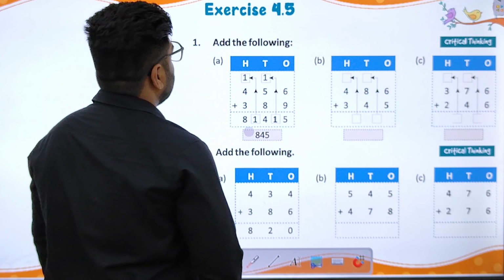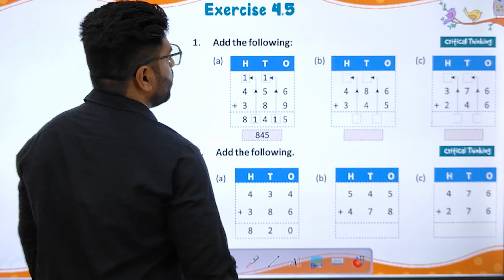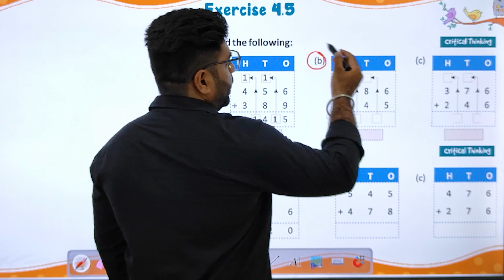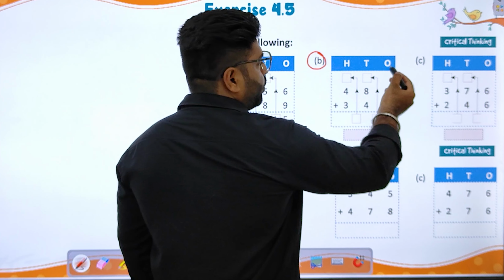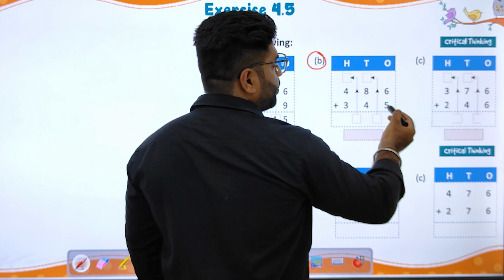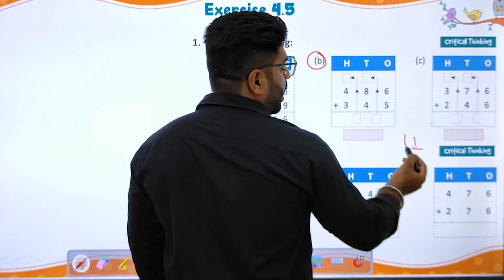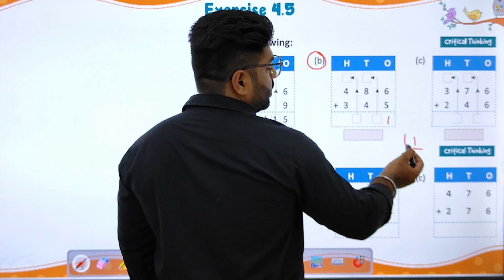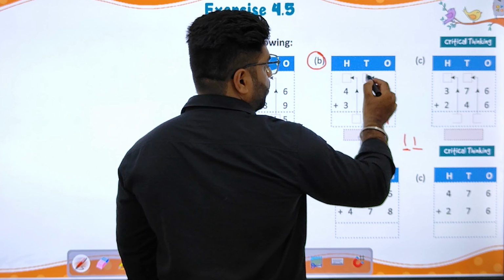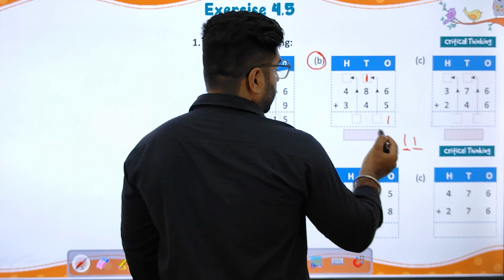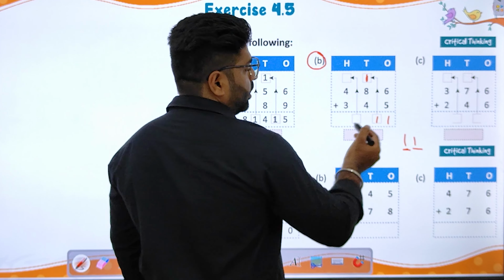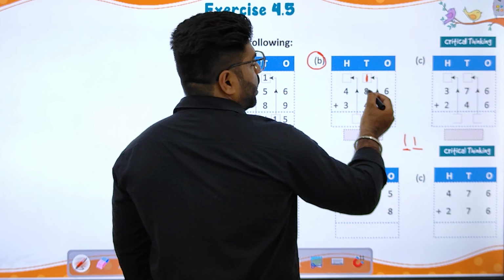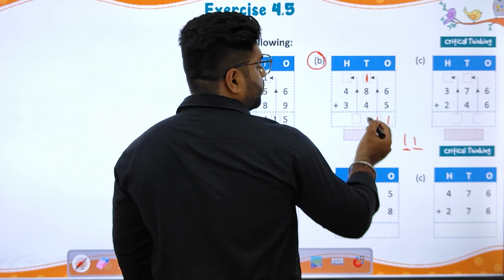Okay, come to our exercise 4.5, question number 1. This is question number B. So we are going to add the ones place first. This is 6 plus 5, that is 11. We have to just write the ones place here, and the tens place we have to carry here. Okay, now we are having 8 plus 1, 9. 9 plus 4 is 13.